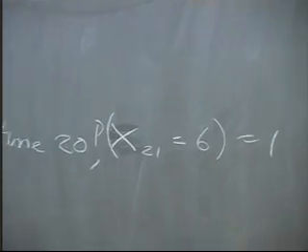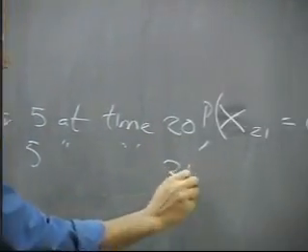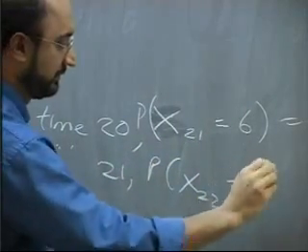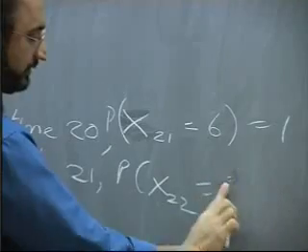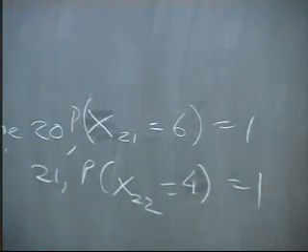And if you are at stair 5 at time 21, P(X22 = 4) = 1.